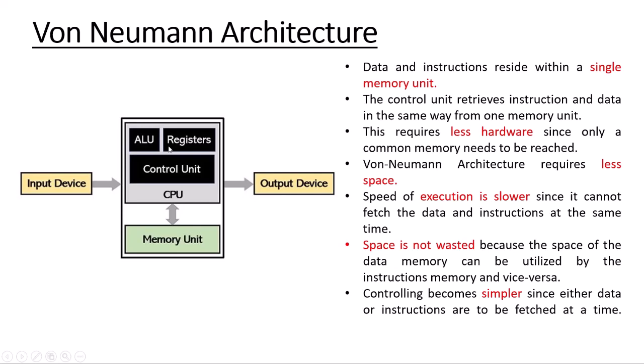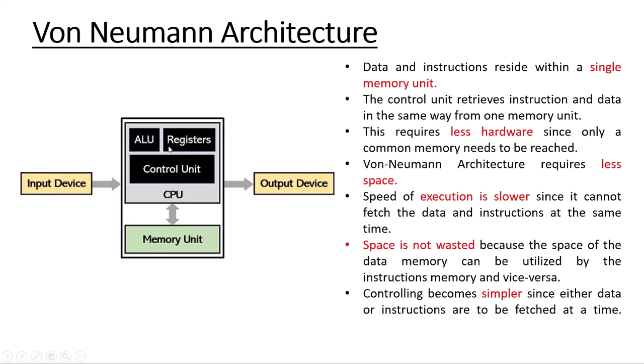ALU is responsible for performing arithmetic and logical operations, while the registers are responsible for temporary storage of the data and instructions. The memory unit is a crucial part of the overall system, as it stores both data as well as the instructions or code. Computer memory is mainly classified as RAM and ROM.